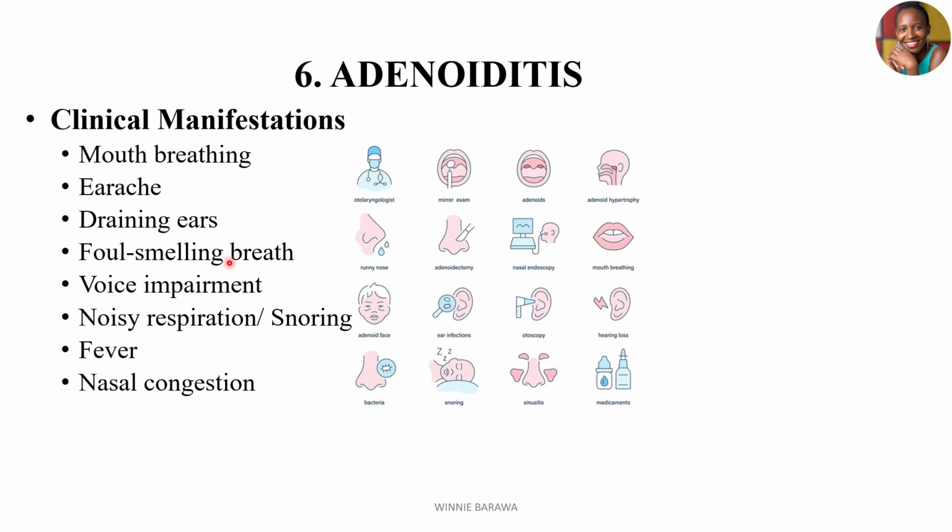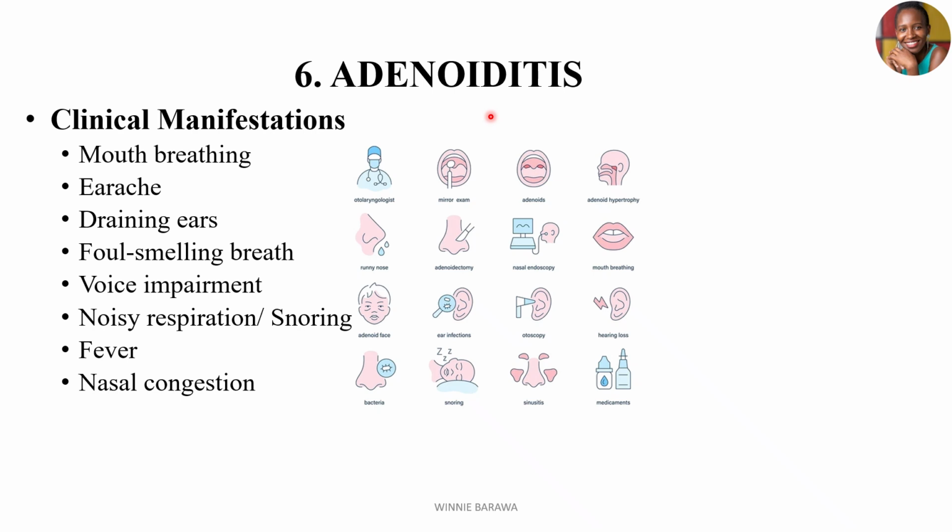There could be foul-smelling breath. Voice also tends to get impaired, because remember the adenoids are neighbors to the larynx, so voice production can be affected. The client may also have noisy respirations or snoring, and then there could be fever, an increase in temperature or pyrexia, and nasal congestion is also observable.